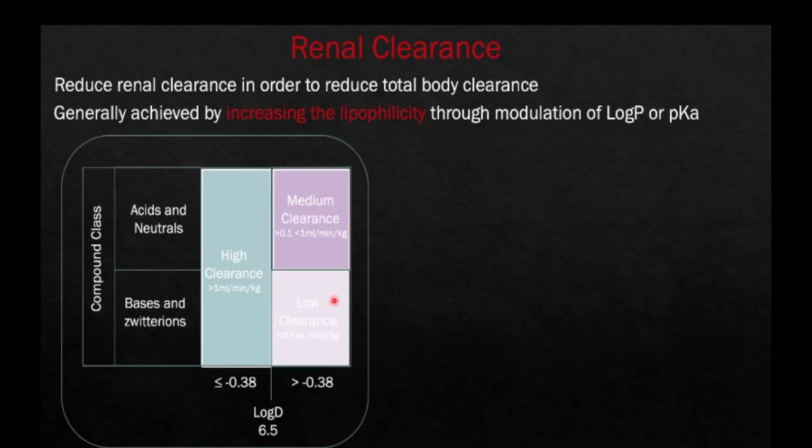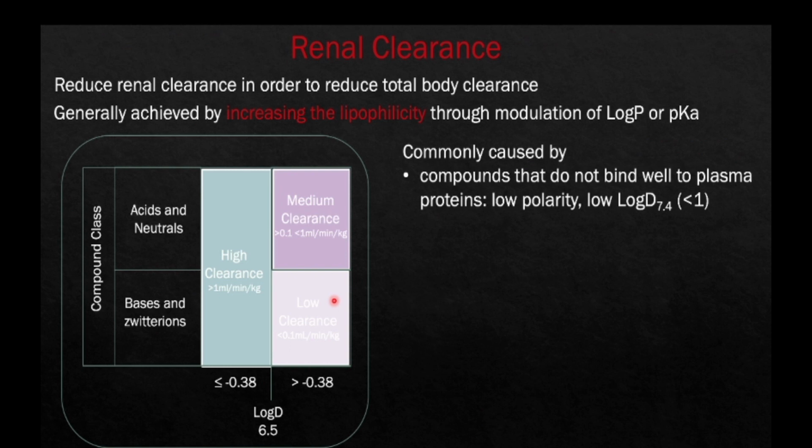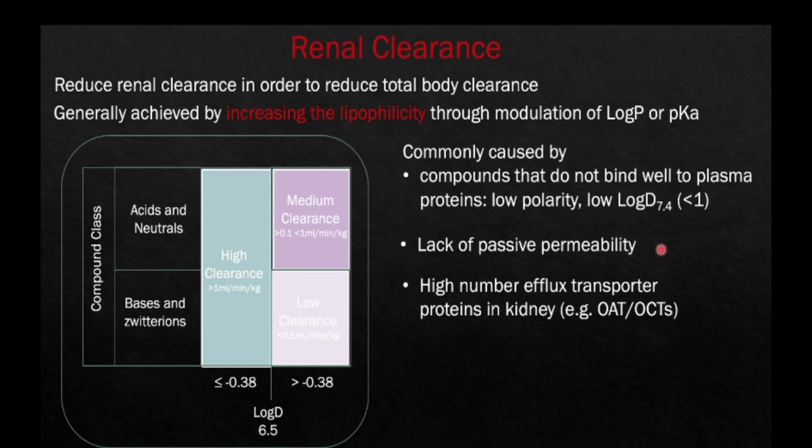Finally, we're going to look at renal clearance. This is where we reduce the renal clearance in order to reduce total body clearance. Generally, this is achieved by increasing the lipophilicity through modulation of log P or pKa. High renal clearance is commonly caused by compounds that do not bind well to plasma protein, so they have low polarity and a log D at pH 7.4 of less than 1, a lack of passive permeability, and a high number of efflux transporter proteins in the kidney, such as OATs or OCTs.